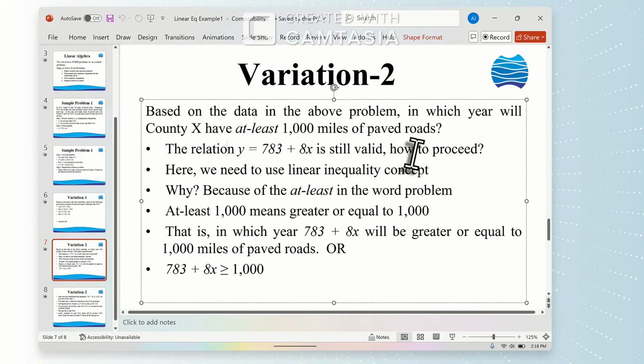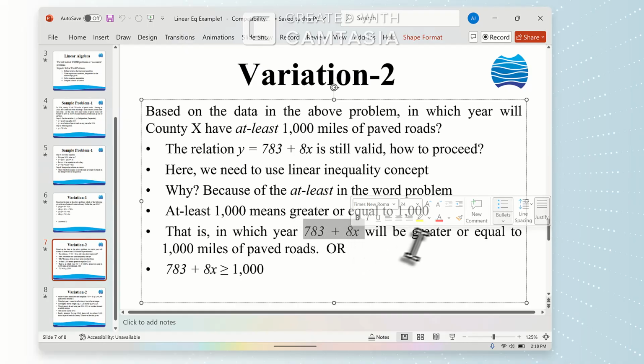How do we proceed? Well, first we need to use the linear inequality concept. Why inequality? Because of the "at least" here. At least 1000 means greater than or equal to, right? So in which year will this quantity be greater than or equal to 1000 miles of paved roads?